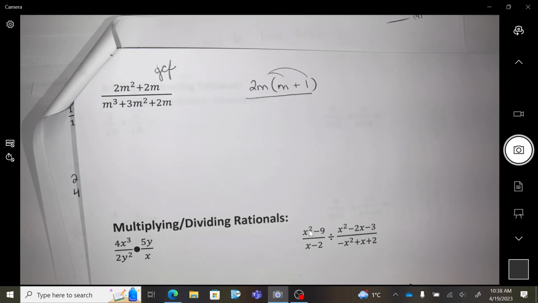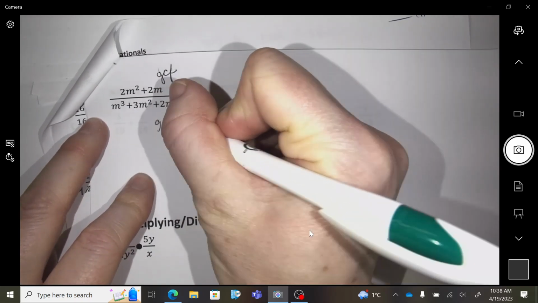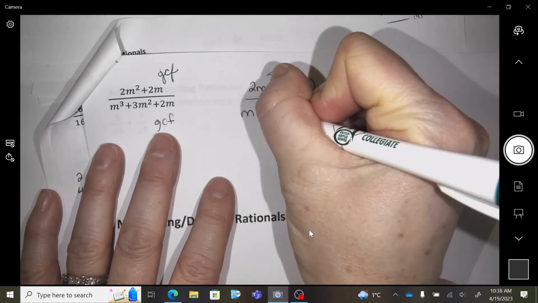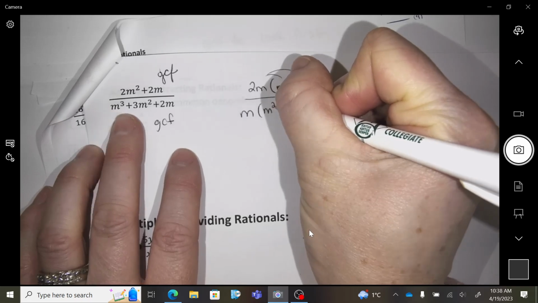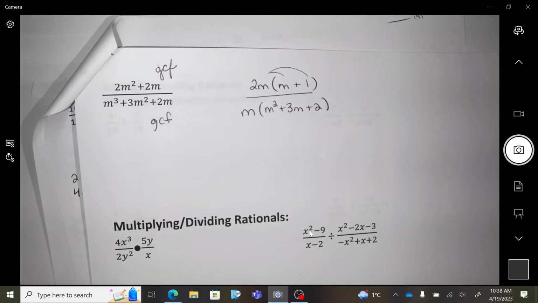Okay, what do you want to take out of the bottom? It's also a GCF, right? Did you recognize that? Yep. GCF, an M. So an M comes out of all of the terms.